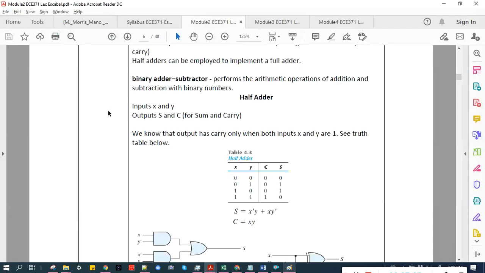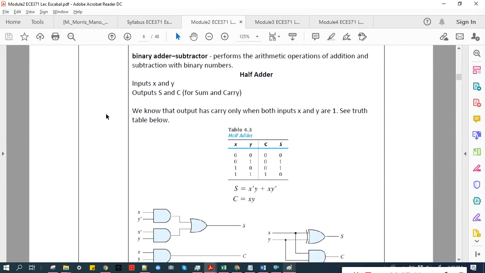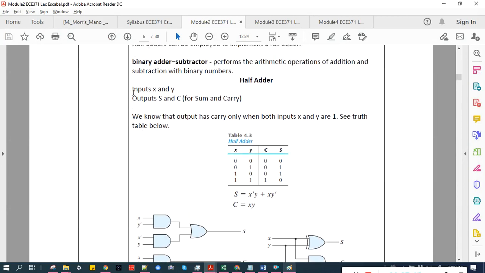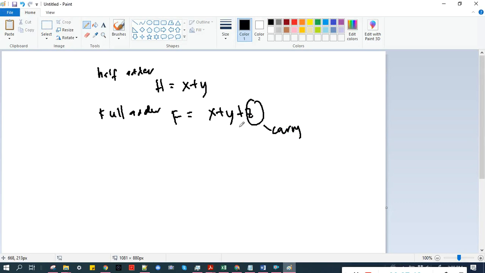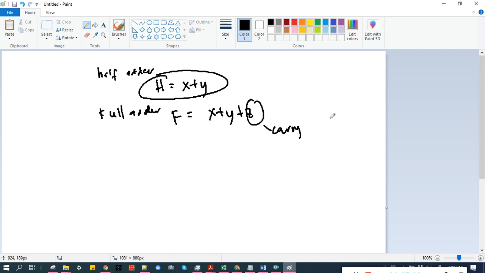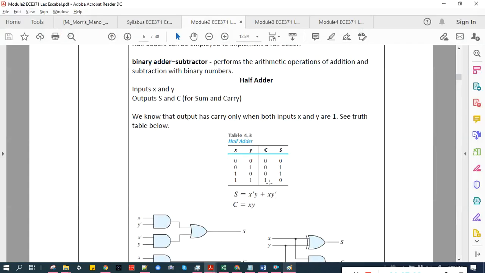So how are we going to implement the half adder? What is the expected output for a half adder? We know that the output has carry only when both inputs X and Y are 1. So this is the truth table for the half adder.